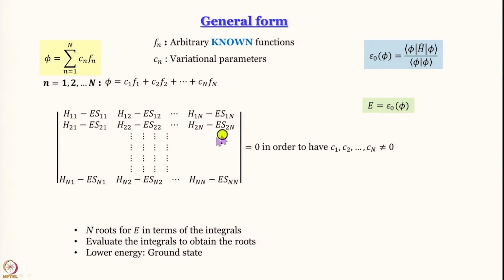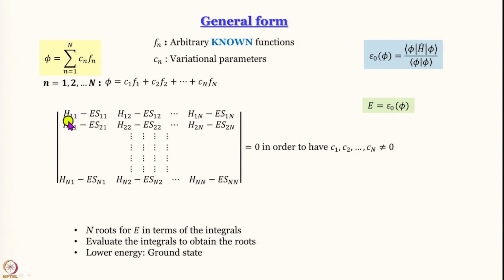It is not necessary that small n will be restricted to 1 and 2, it can go all the way up to any number capital N. So this is what the function will be at that time, capital phi equal to C1 F1 plus C2 F2 and so on and so forth, plus C capital N F capital N. In that case we will just get a bigger, perhaps more intimidating secular determinant, but this is a secular determinant of nth order.